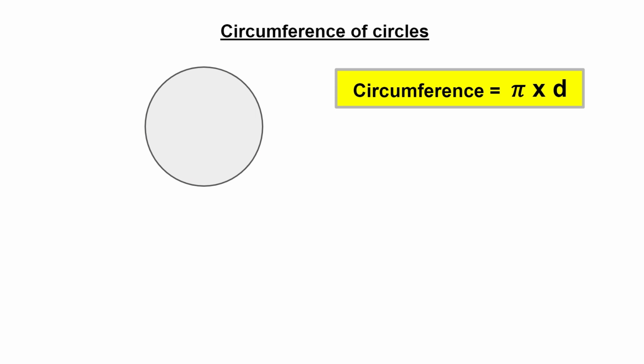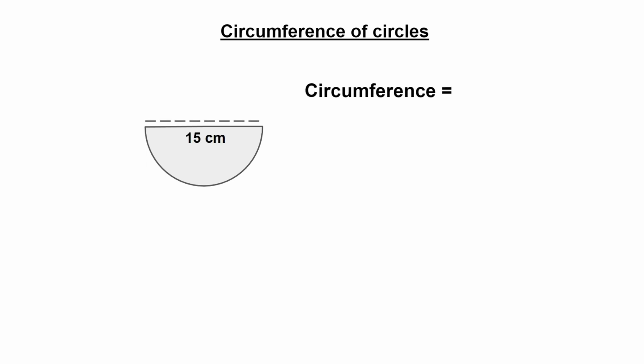So let's try calculating the circumference of another circle. This time a semicircle or a half circle with a diameter of 15 centimeters. Now remember, to calculate the circumference of any circle, we can use the formula pi multiplied by diameter. But we'll need to make a few changes to our formula since we're calculating the circumference of a half circle.